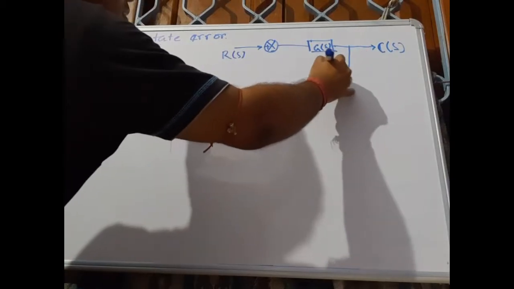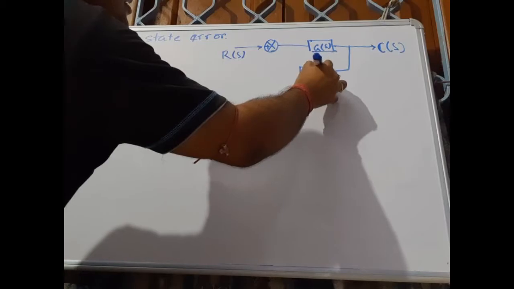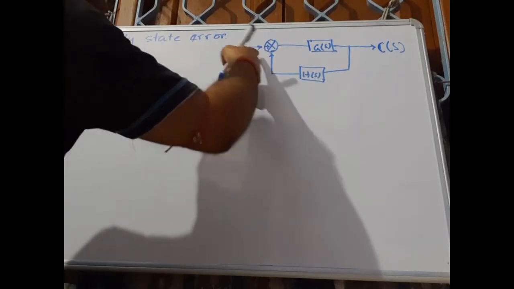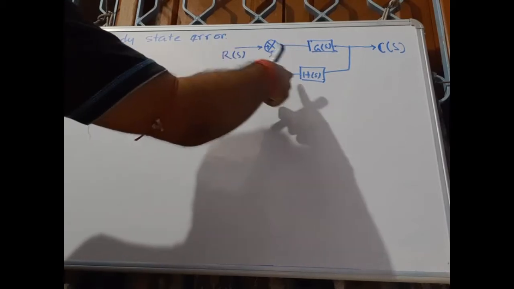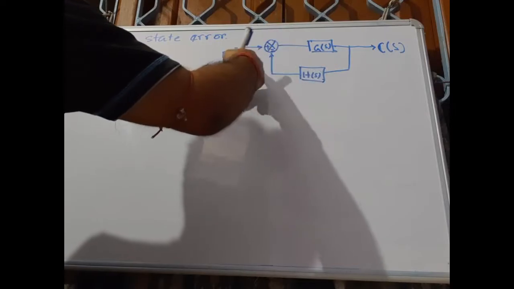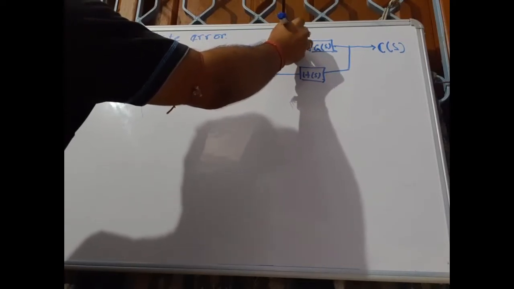And the negative feedback is, say, H(s). Now this input and the negative feedback, if we take the subtraction, we will get the error signal E(s).